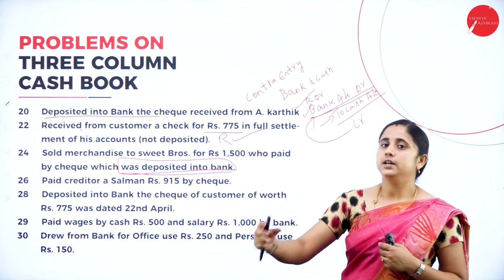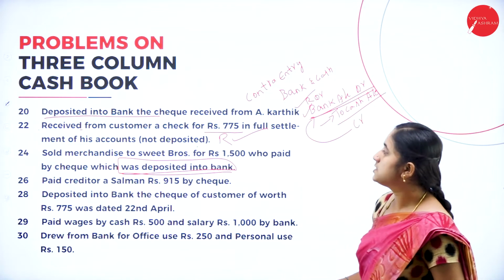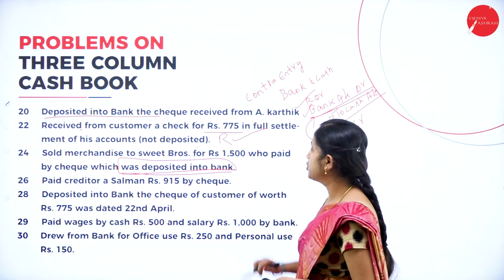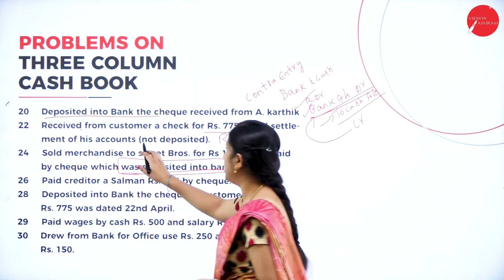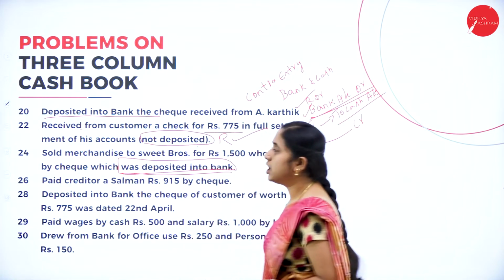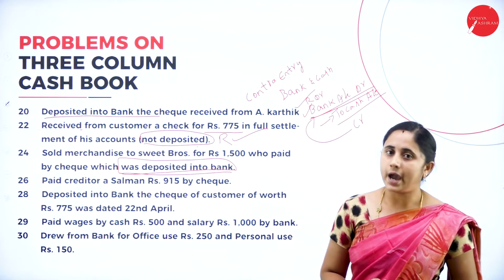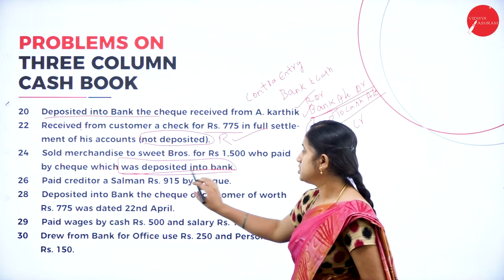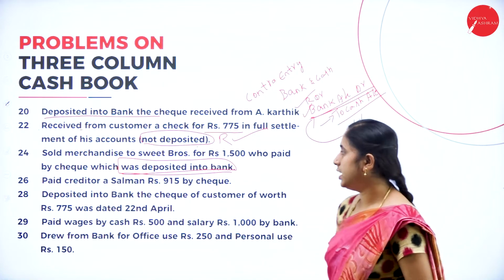It is directly treated as a bank transaction, so the sales account amount should be written in the bank column. In the last transaction, you had not deposited, so not deposited means equal to cash, and the amount was written in the cash column. Here, which was deposited into bank, the amount should be written in the bank column.